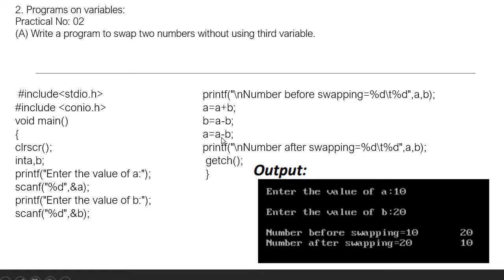Now over here same procedure, that is A variable is holding value 3. So 3 minus 2 becomes A. So A variable is holding value 1. Like that way we are applying the process over here, and we want to print this after swapping value. That's why this next statement is there. So this is my output.